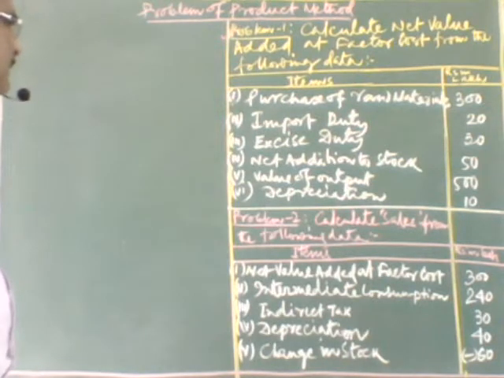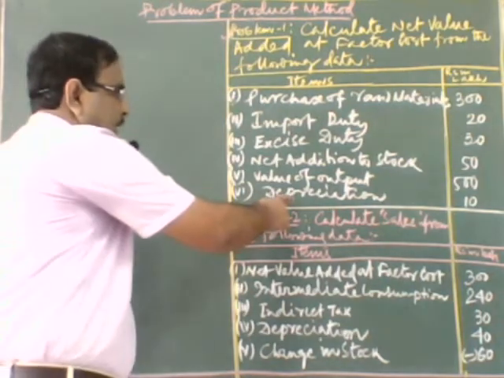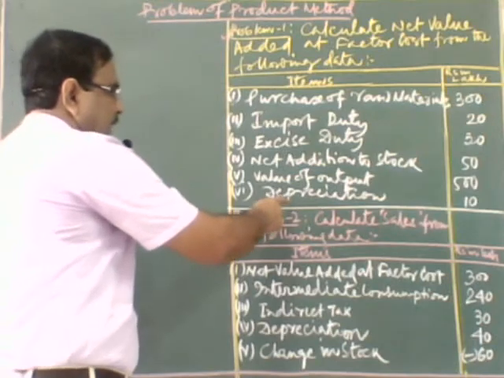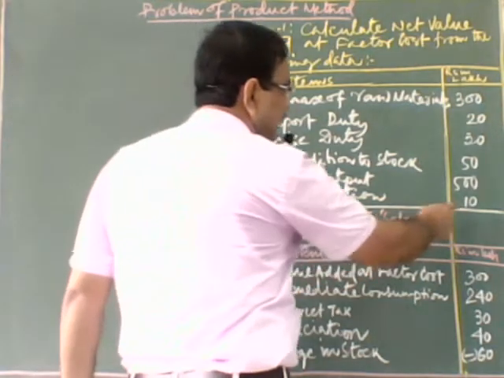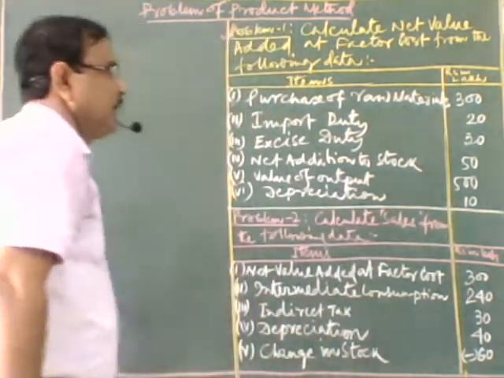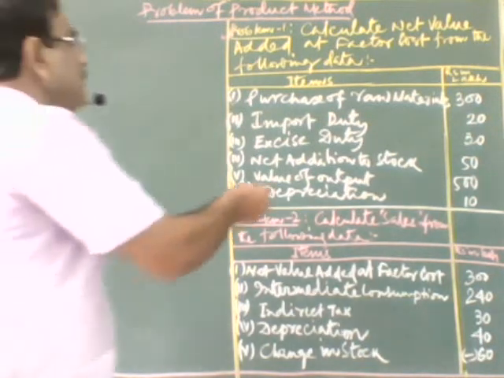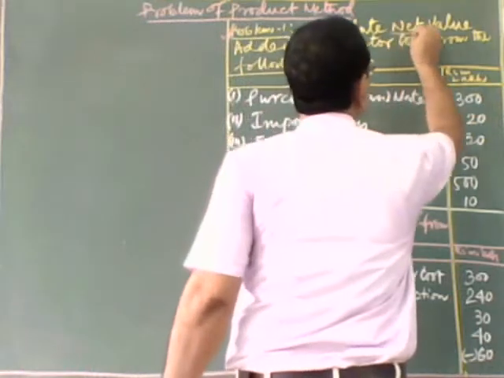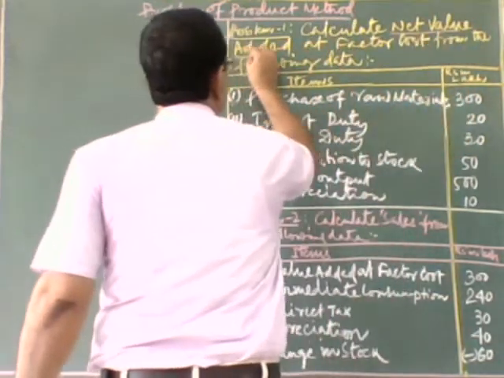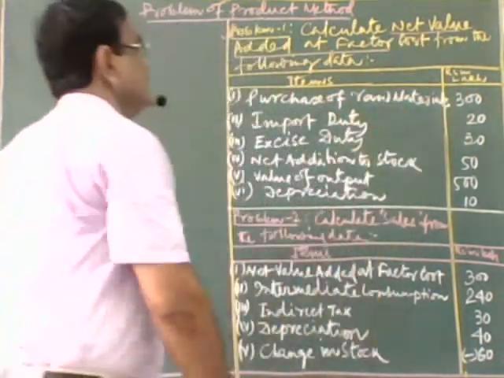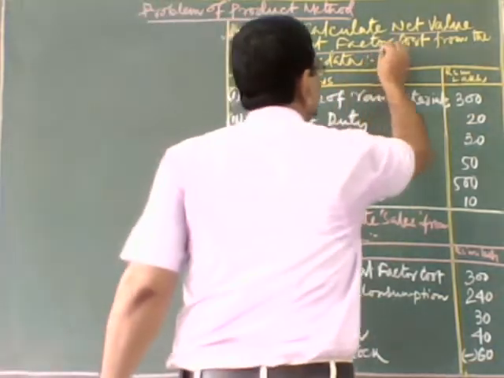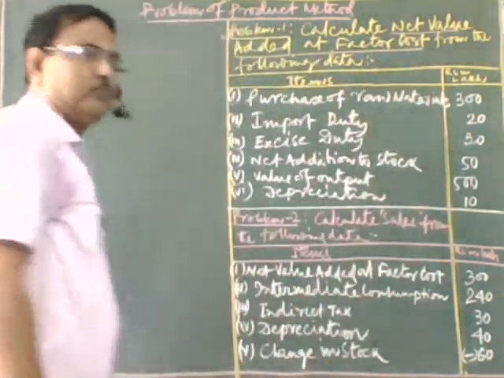And number 6 item is depreciation, that value is 10. From this information, we have to calculate net value added at factor cost.